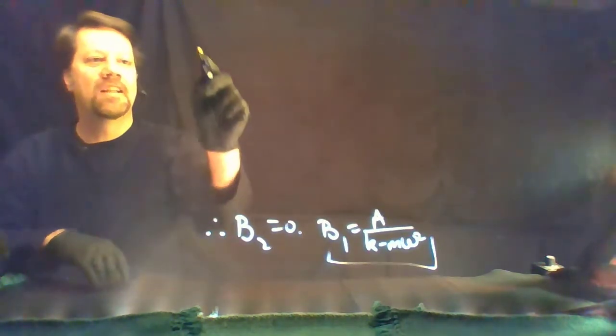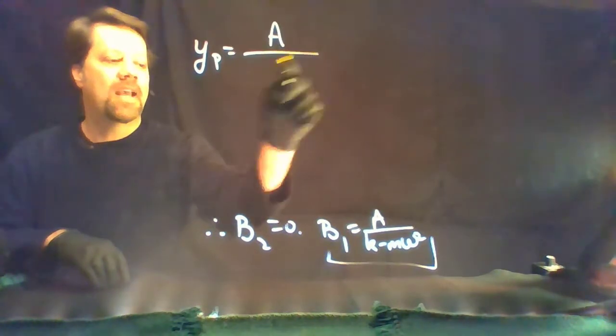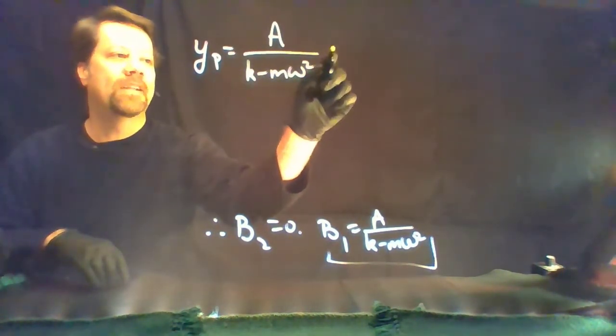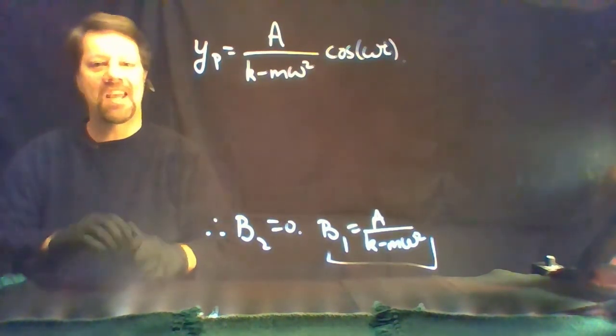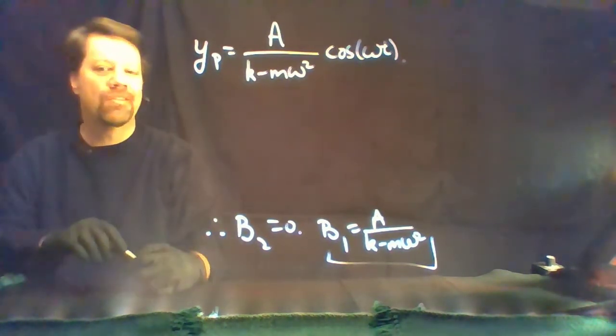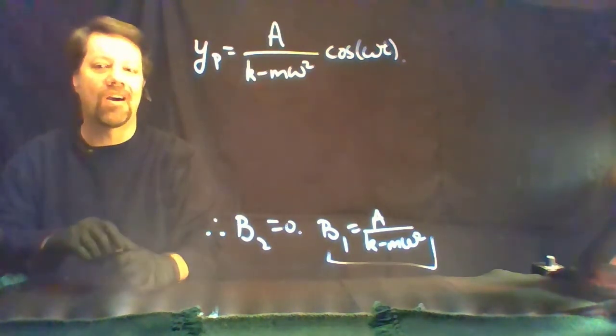It follows then that the particular solution in this case is A over (k minus m omega squared) cosine omega t. Notice that the closer this denominator is to 0, the larger the amplitudes of these oscillations are.